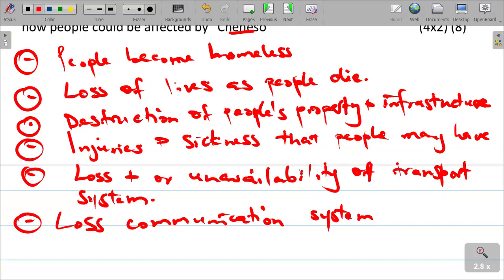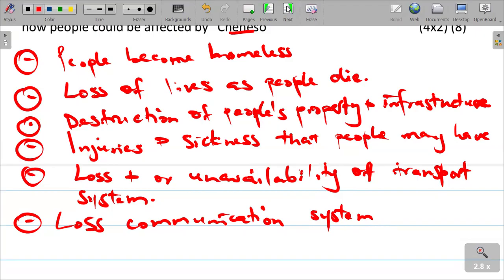This is due to the destruction of the telecommunication lines. The poles are falling, and at the end of the day, people cannot communicate as a result of that.